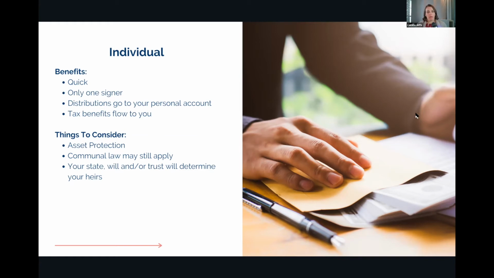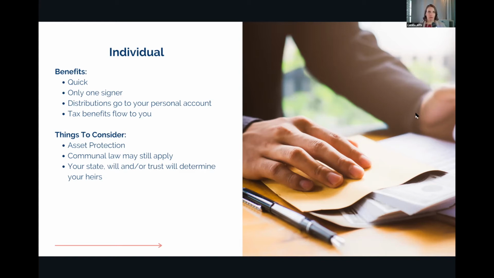So keep that in mind, right? Because if you don't have something in place, you don't have a will or a trust or things like that in place, then your state will take care of it, and it could go to probate or things like that.